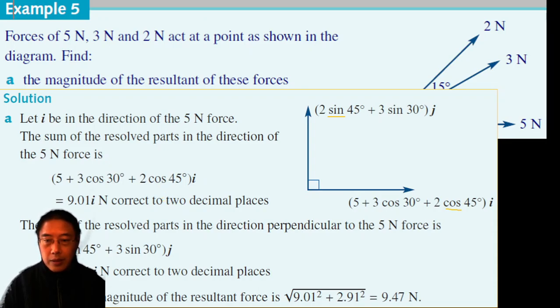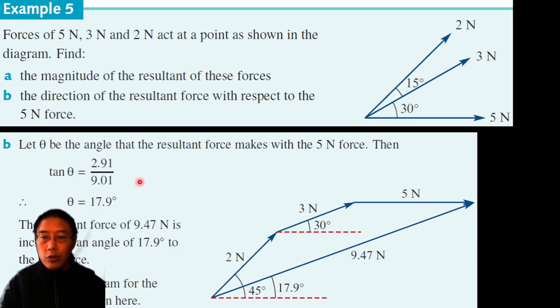Again, this is the wrong color, so let me change it to red. I'm going to use my laser pointer. So we have our x component and our y component, and to find the direction, we take the ratio of it, that gives us our tangent. We do the inverse tangent and use the CAS to determine that angle, and that gives us, on the graph, you can annotate here, the angle of the resultant force, and that's the magnitude from part A.